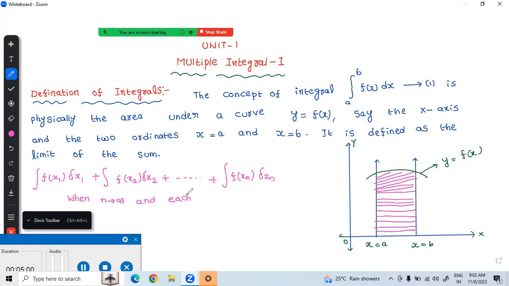Each of the lengths delta x1, delta x2 and so on delta xn tends to 0.